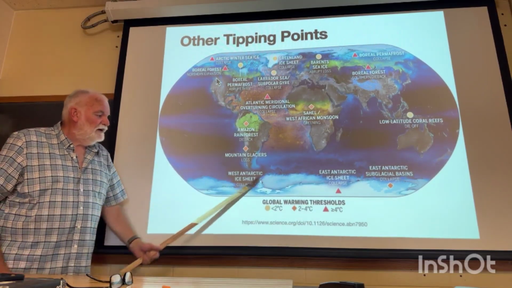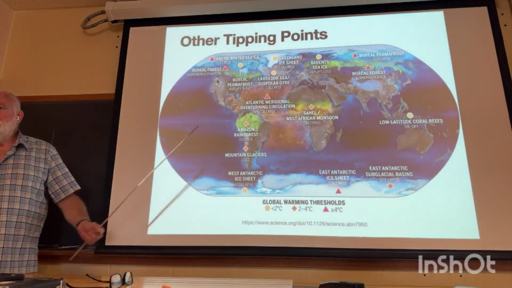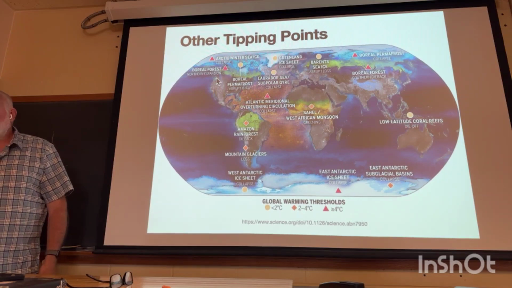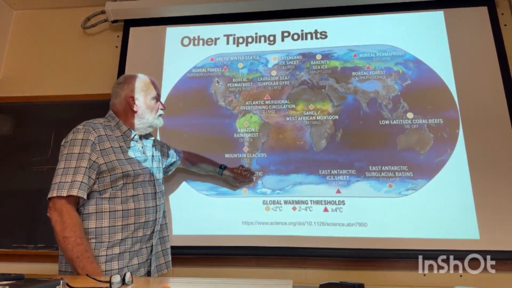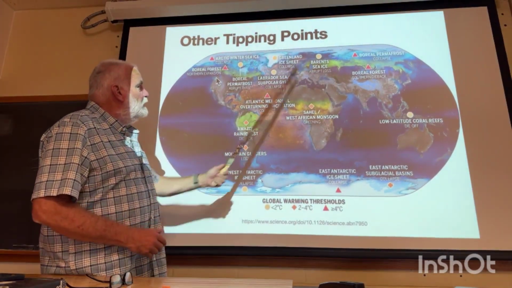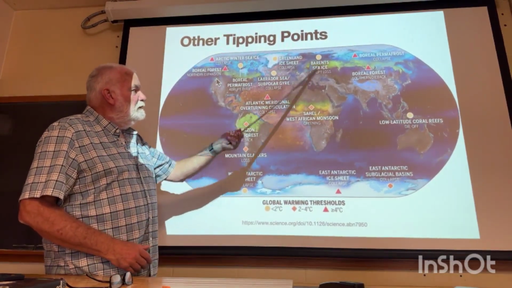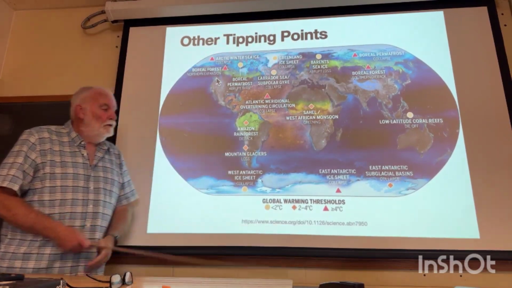The West Antarctic ice sheet collapse is one of our lessons down the road, so guess what? We're going to get the theme of tipping points again because of this example. And we can talk about sea ice collapse, sea ice being a system.